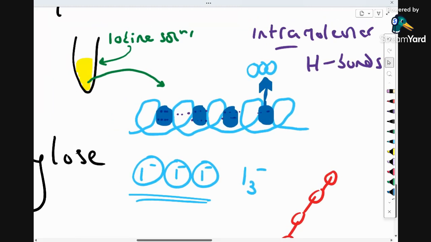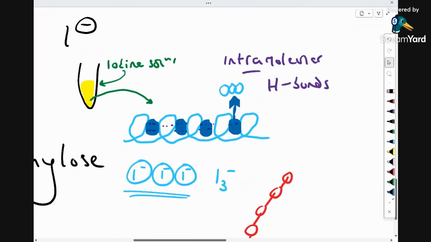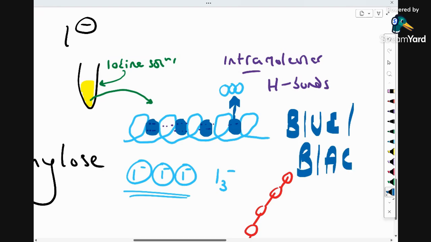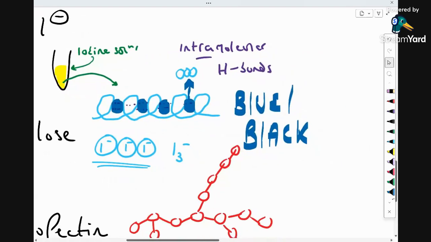And what that does is it changes the color because it alters the chemical properties and the wavelength of light that is absorbed by this complex. And it means that the iodine solution will turn from yellow to blue-black. That's what we say. It becomes a blue-black solution.